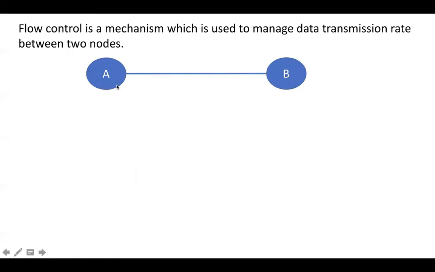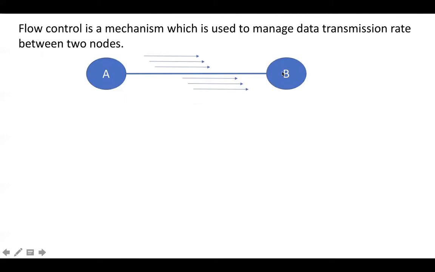So, flow control is a mechanism which is used to manage data transmission rate between two devices. Let's say device A is acting as a source, device B is acting as a destination. Flow control is used to prevent a source from overwhelming a destination device by sending more data than a destination device can handle.